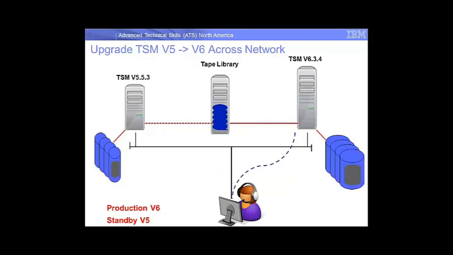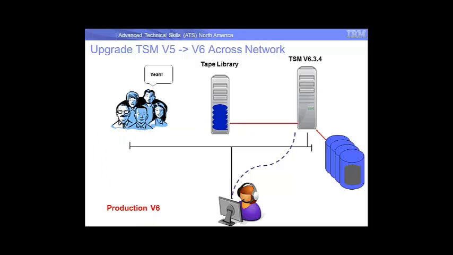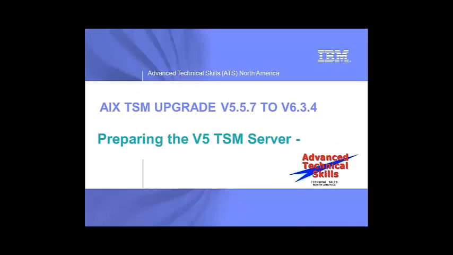At the end of the day, you'll have everything connected back up, and you may have your version 5 temporarily working for some amount of time depending on how you've planned your upgrade and transfer, but then at the end of the day, everything will be moved over to version 6 and you'll be running there.